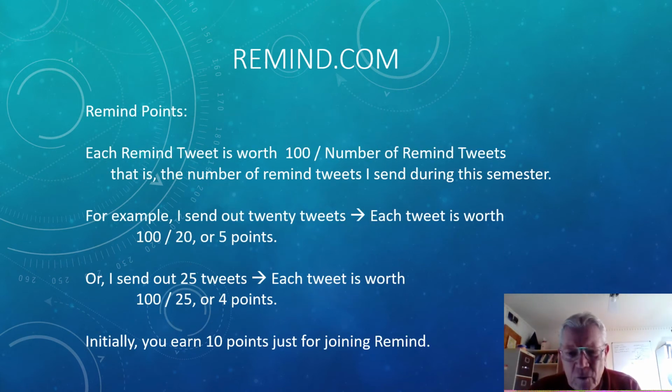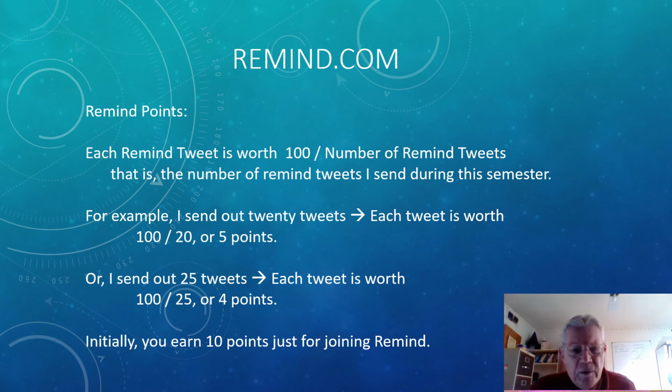The points will be calculated like this. If by the end of the semester it turns out that I sent out 20 tweets, then each tweet is 100 divided by 20, which is 5 points. If I send out 25 tweets, then each tweet would be worth 4 points.